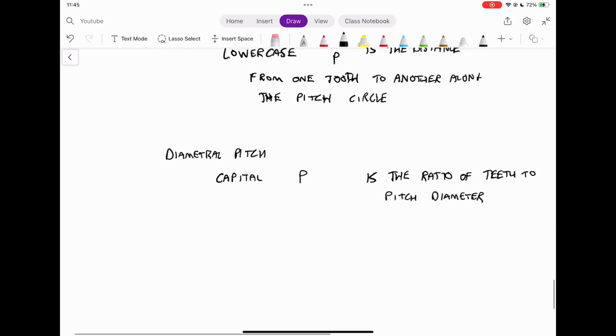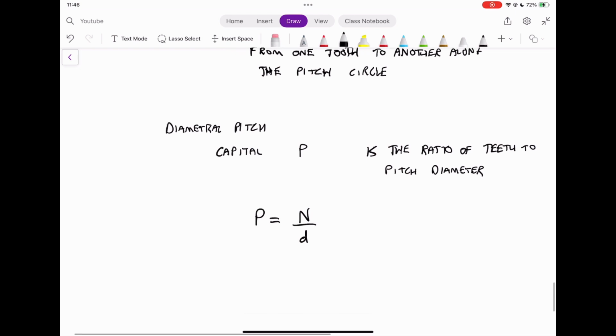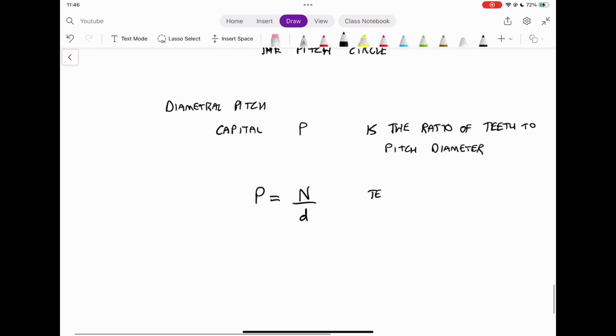Okay, so P is essentially N, or capital N, which is the number of teeth, divided by the lowercase d, which is diameter. And in US units, it would be essentially in teeth per inch.